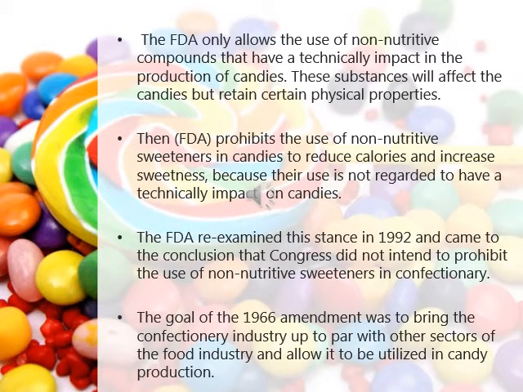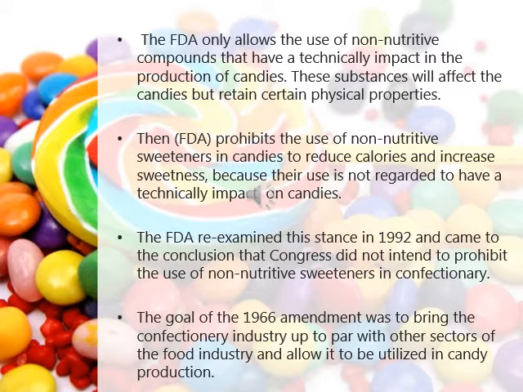The FDA only allows the use of non-nutritive compounds that have a technical impact in the production of candies. This substance will affect the candies but retain certain physical properties. Then it prohibits the use of non-nutritive sweeteners in candies to reduce calories and increase sweetness, because their use is not regarded to have a technical impact on candies.